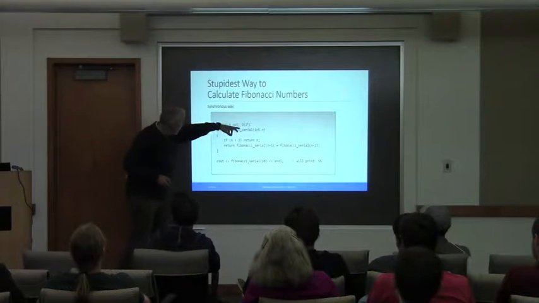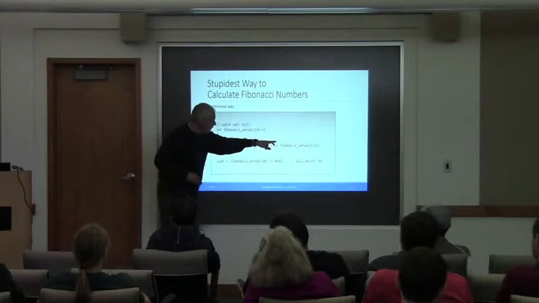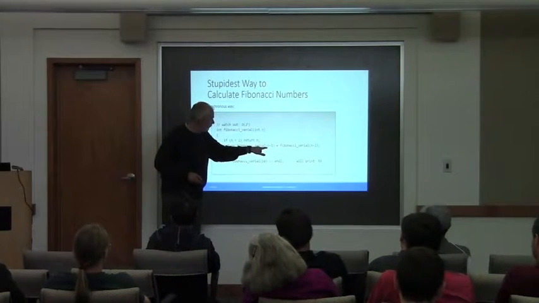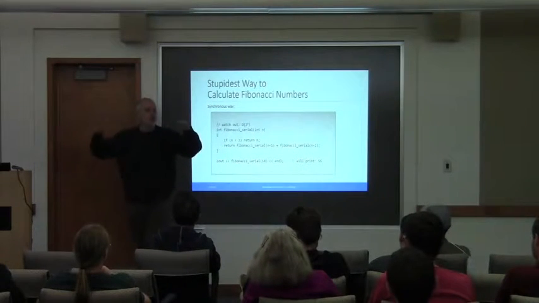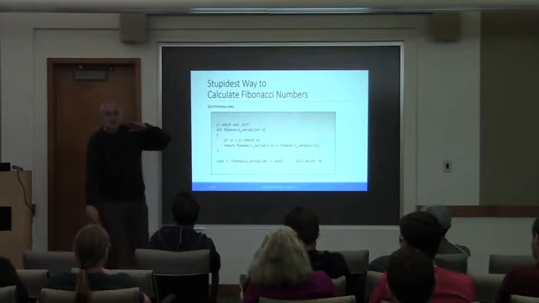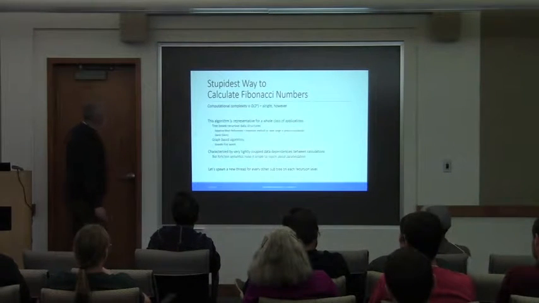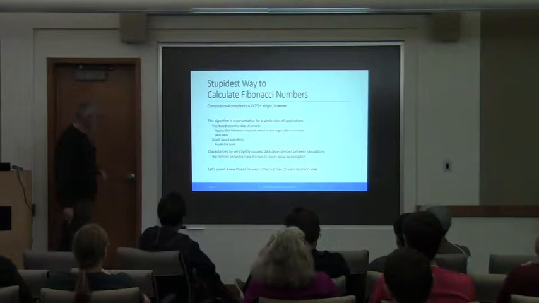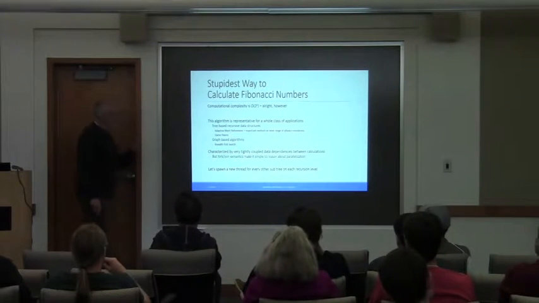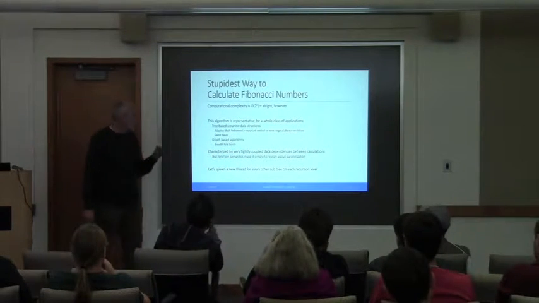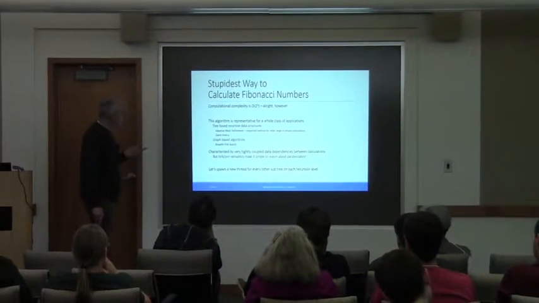So each level invokes Fibonacci twice, with n-1 and with n-2, and each of those recurses into itself 40 times until it gets to 1. It's characterized by very tightly coupled data dependencies, which is always a limitation for parallelization.